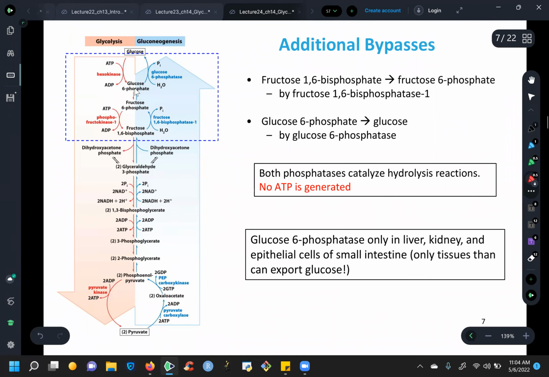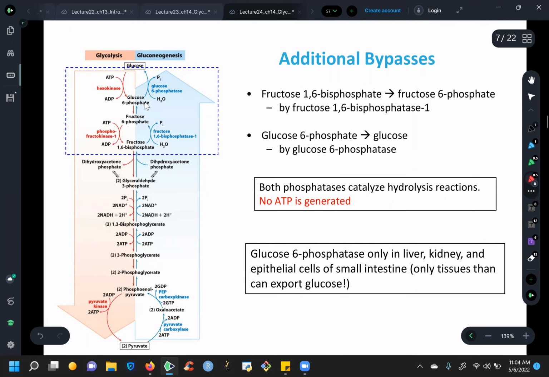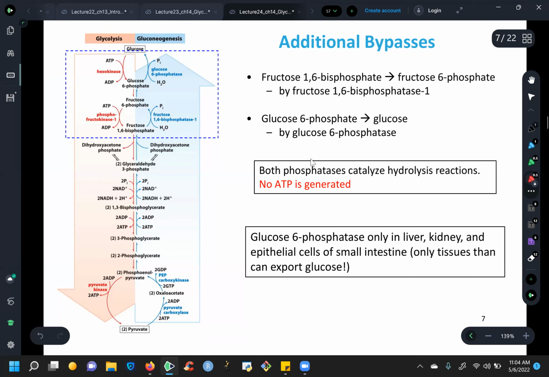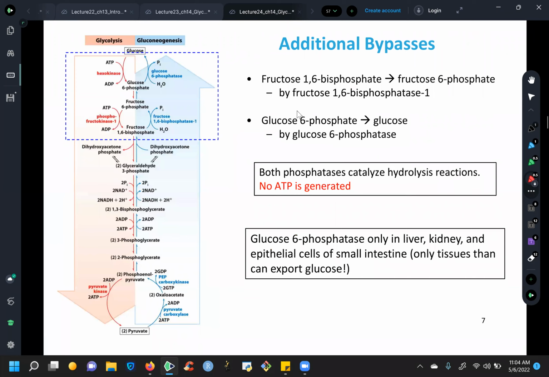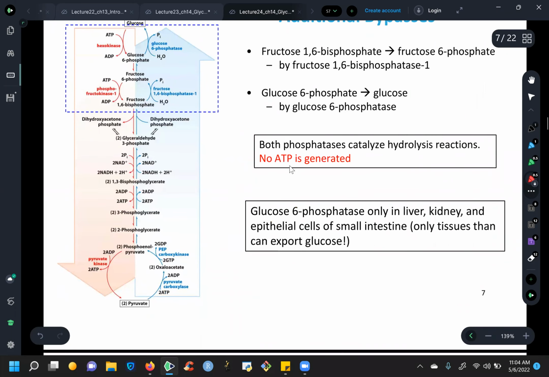So here we're starting with glucose that has the phosphate at carbon number 6, and glucose 6-phosphatase is removing that phosphate from carbon number 6, and you end up with glucose. So both phosphatases, because they're both removing a phosphate, catalyze hydrolysis reactions, and no ATP is generated, because we learned that in the process of gluconeogenesis, we're not making any ATP.